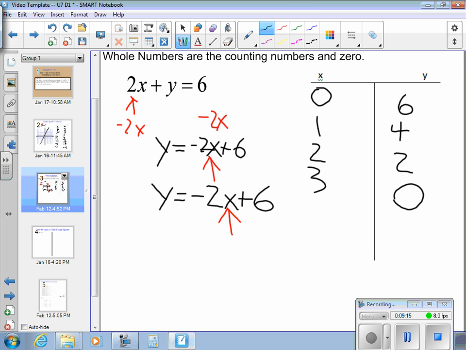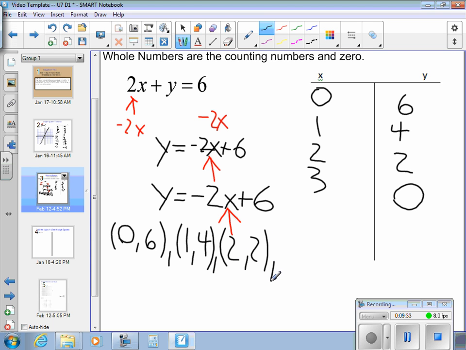We're going to go ahead and write the ordered pairs. We have 0, 6. We have 1, 4, 2, 2, and 3, 0.